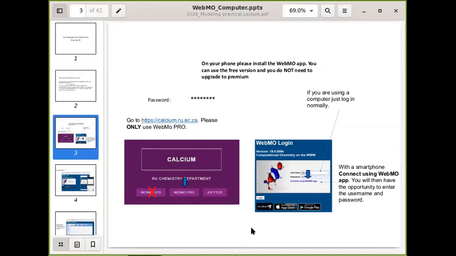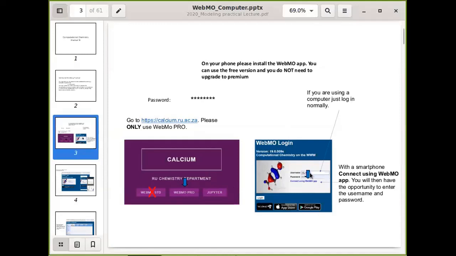So I want to use the hope.edu web server, and so you will go to Webmo Pro from Calcium, and then you will see a login screen that looks much like this.